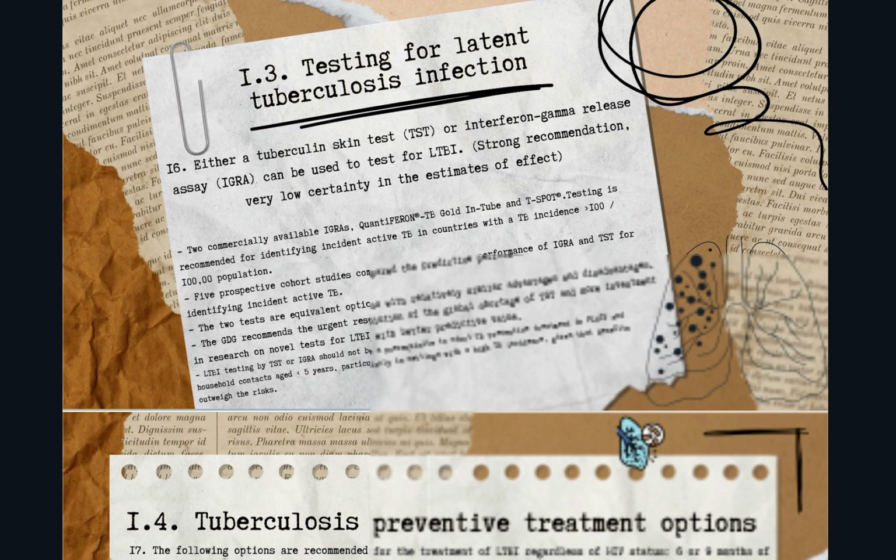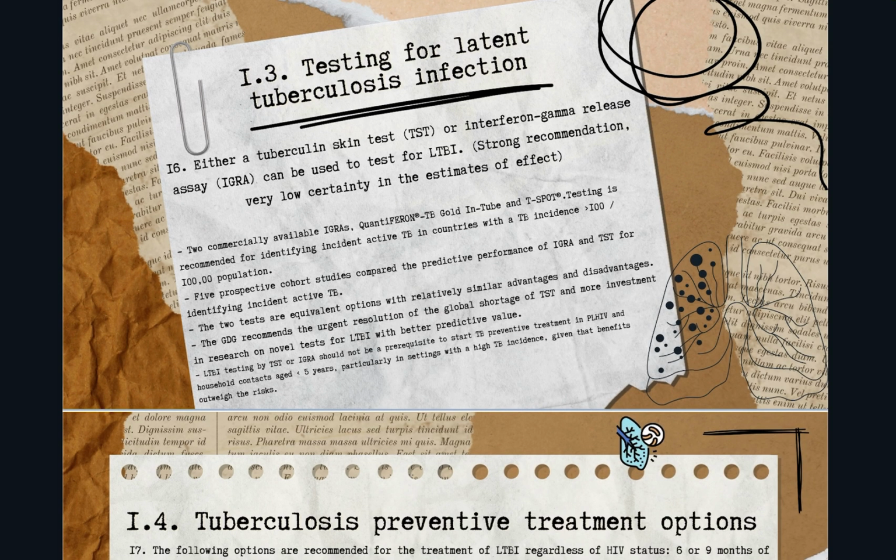So let's talk about the testing. Either a tuberculin skin test or interferon gamma release assay can be used to test for latent TB. Strong recommendation. Two commercially available IGRAs are QuantiFERON-TB Gold In-Tube and T-SPOT.